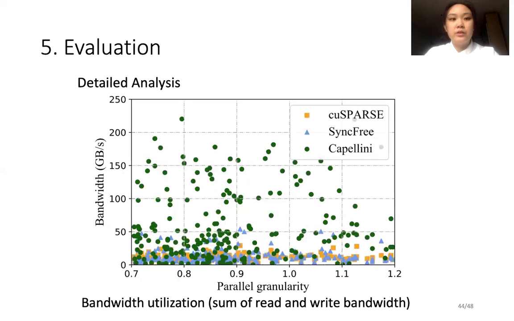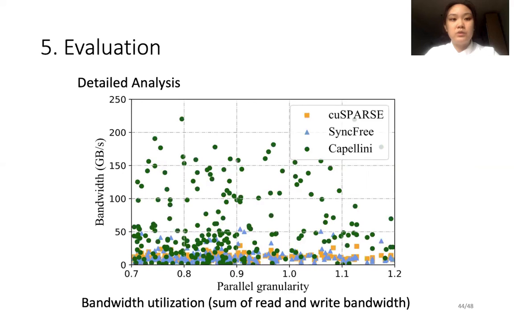To further analyze the benefit of Capellini, we performed a detailed performance analysis. This figure shows the bandwidth utilization. We used the NVIDIA performance analysis tool, nvprof, to obtain the DRAM read and write bandwidth. CapelliniSpTRSV achieves an average bandwidth of 56.09 GB per second for the matrices whose parallel granularity is larger than 0.7.